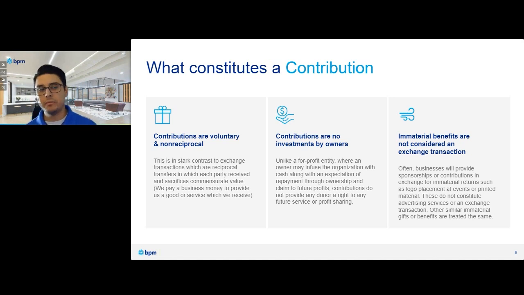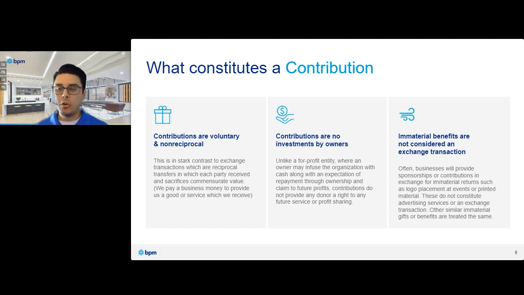Now, we talked about exchange transactions, where commensurate value is being exchanged. The one thing to keep note of is that immaterial benefits don't constitute an exchange transaction. We often see this in nonprofit entities where an organization or business will provide a sponsorship, which is a type of contribution, in exchange for a very immaterial item in return.